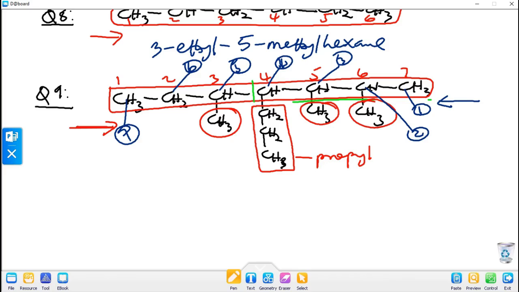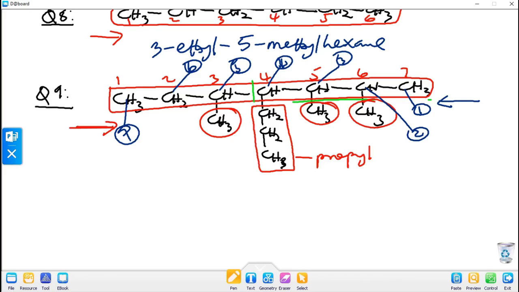Now, if we number from the right-hand side, on blue ink, our first methyl will be at carbon 2, the second methyl at carbon 3, and the third methyl at carbon 5. So, which numbering scheme is the best?